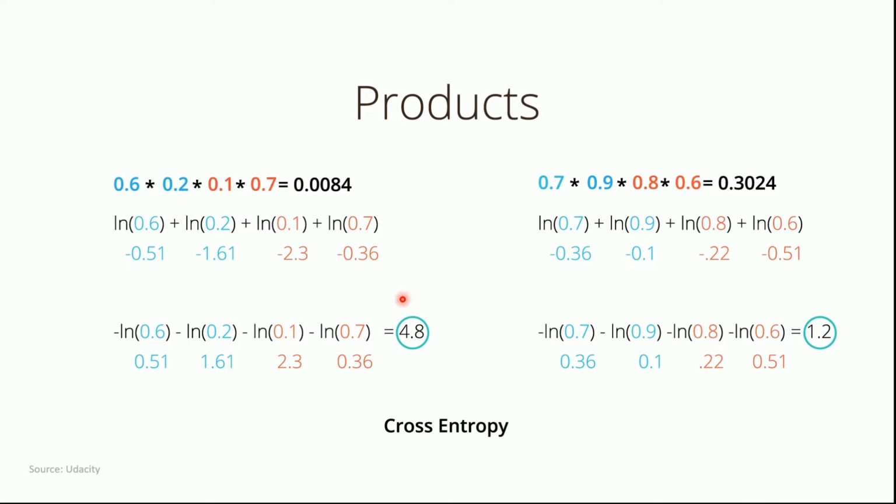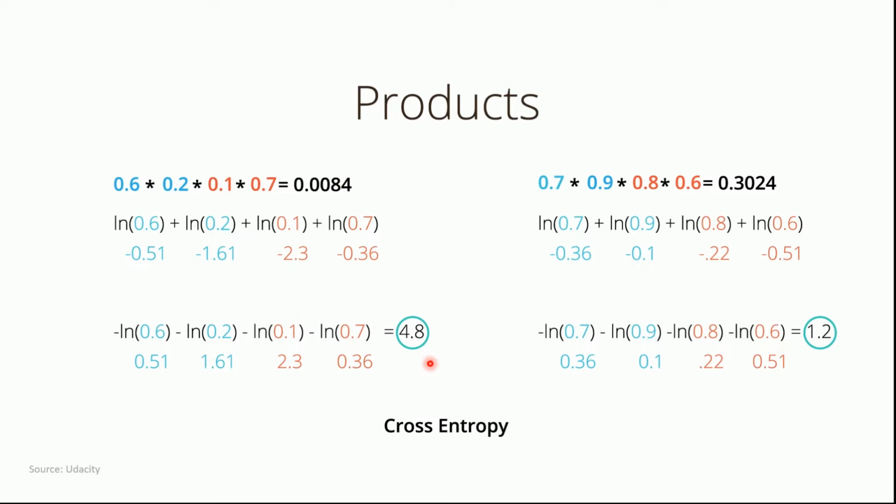Now, here we see that the model that is doing bad has a large cross entropy, and the model that is doing better has a smaller cross entropy. Now, a few words about the logarithms so that you understand why they are applied into the cross entropy. Well, as we saw, any number that is closer to 1 is closer to 100% probability, right? And the logarithm of 1 produces the result 0.